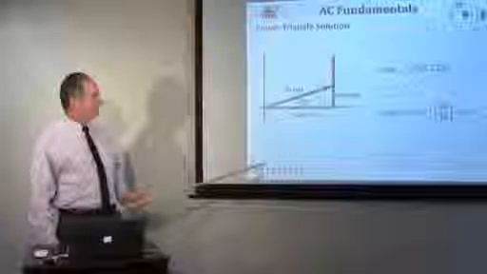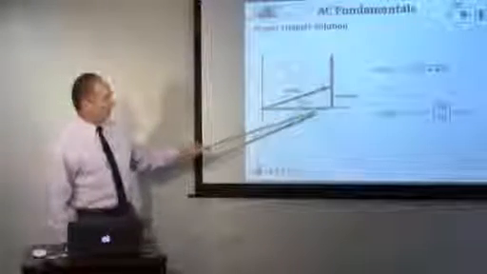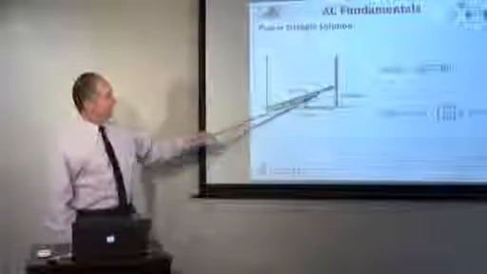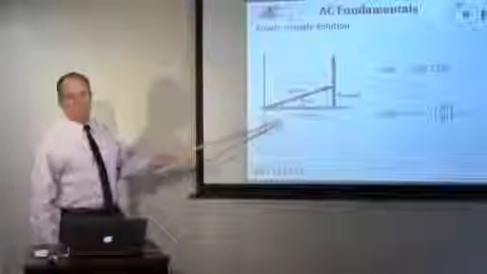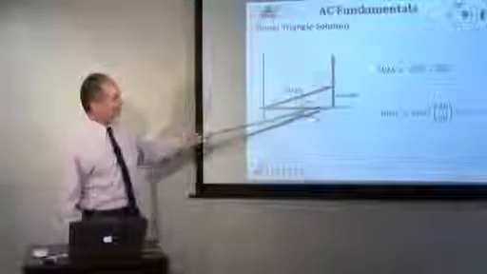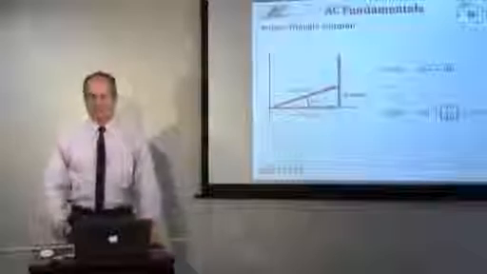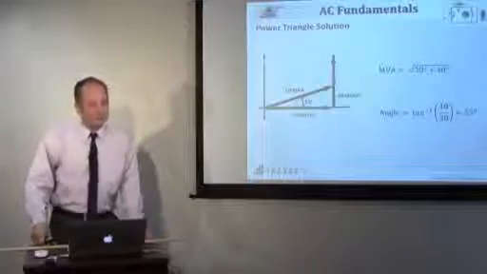For an example, here we have 30 megawatts of power. We have 40 megavars of inductive reactance, and that would be 50 MVA. So if we had a 50 MVA transformer, we could load it up with 30 megawatts and 40 megavars. The problem is, the power companies usually don't get paid much for VARs.